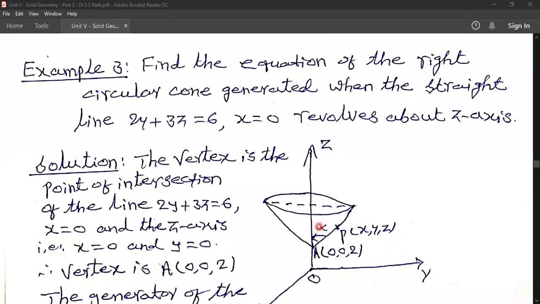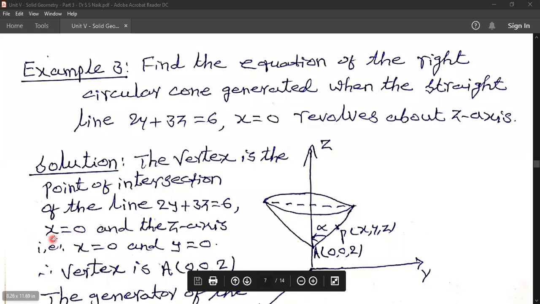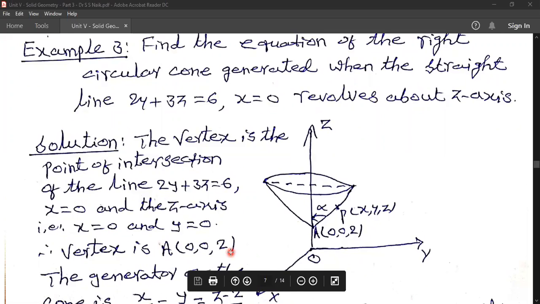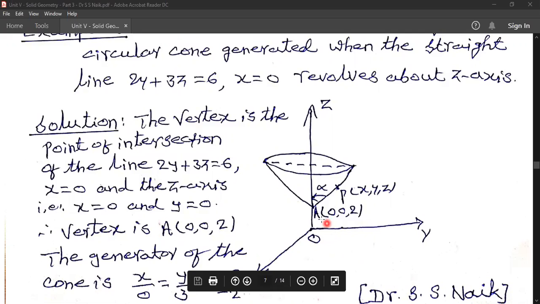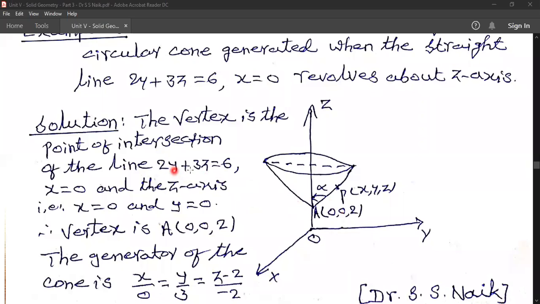The z axis is x = 0 and y = 0. So when y is 0, 3z is equal to 6, implying z is equal to 2. Therefore x is 0, y is 0 and z is equal to 2. So this becomes the vertex of the right circular cone.